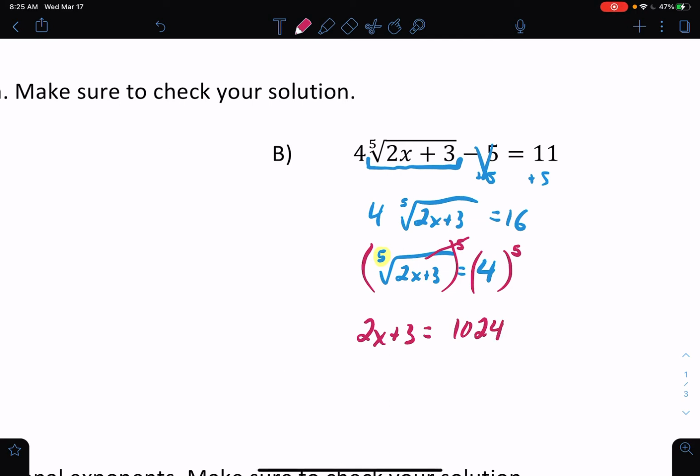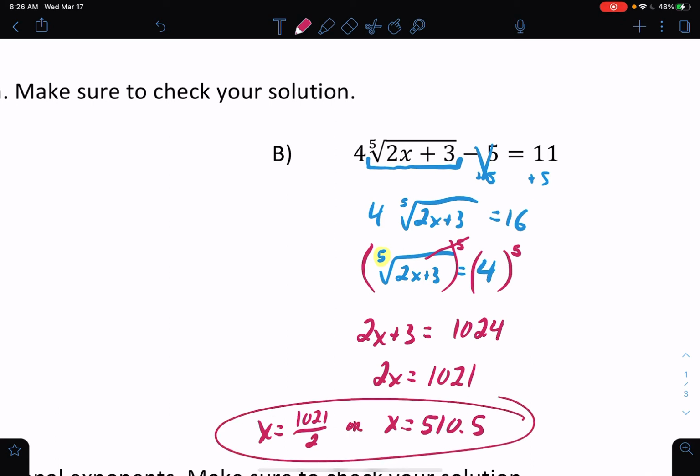So then I'm going to subtract 3 from both sides. So I'll get 2x equals 1,021. Divide both sides by 2, and I'll get x equals 510.5. All right, or if you didn't use your calculator, 1,021 divided by 2.